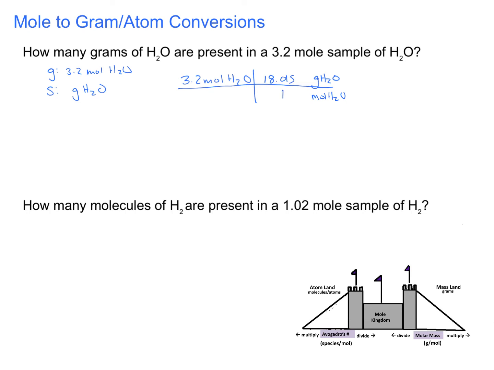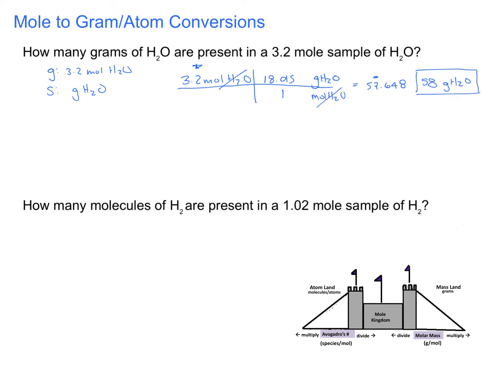We're going to plug this into our calculators, and that's going to give us 57.648. We have 2 significant figures here, so our answer should have 2 sig figs, so that's going to give us 58. Moles of H2O cancel as we analyze our units. Grams of H2O is what is left over.